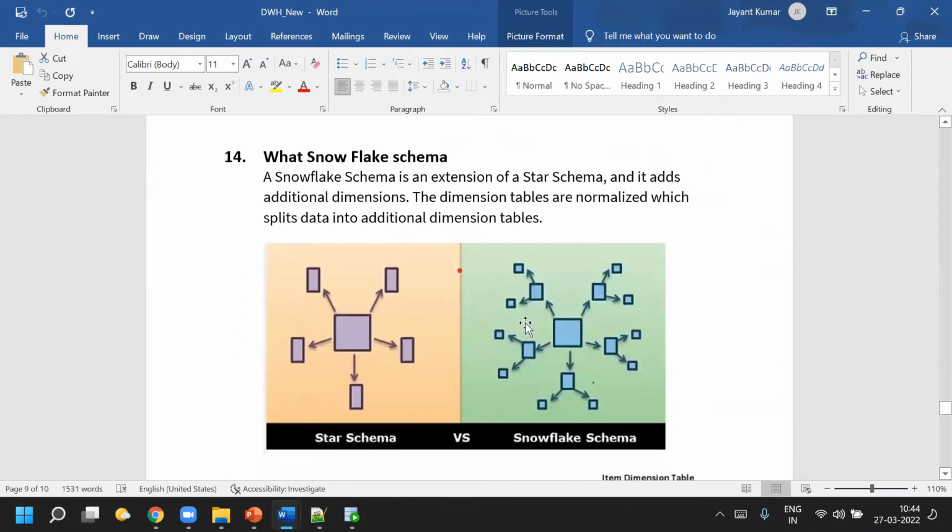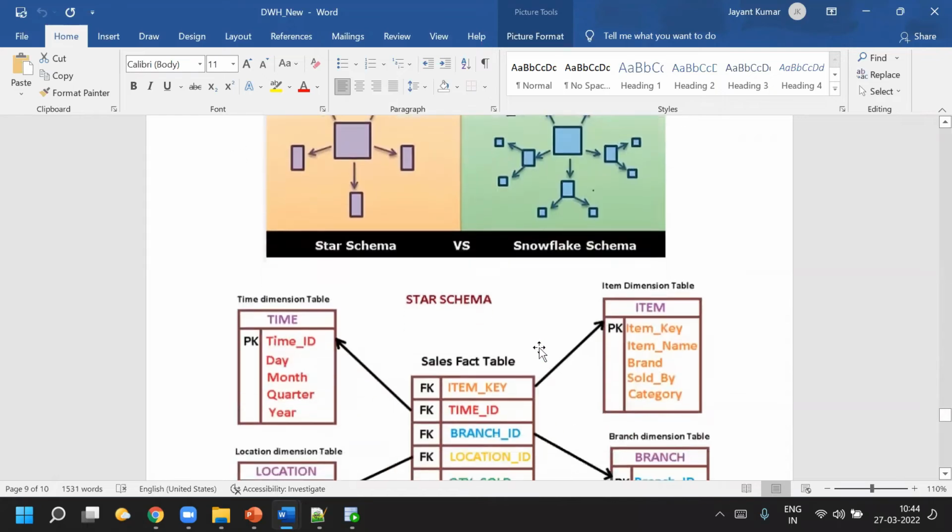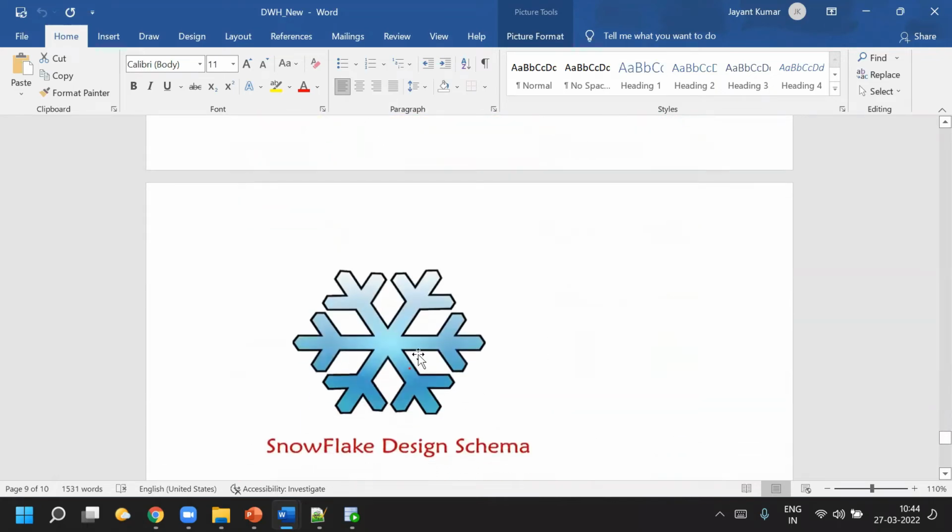What is a snowflake schema? You may have heard of snowflake. If you go to the Himalaya side, snow will be there in a certain format. Let me see if I have that picture. In this format, snow will be there, and a snowflake schema is designed like this. The name came from the snow.